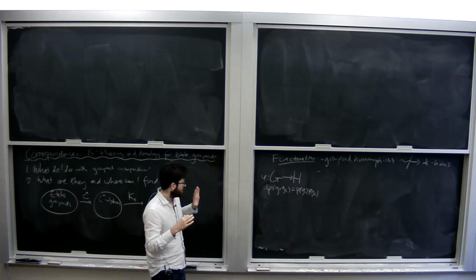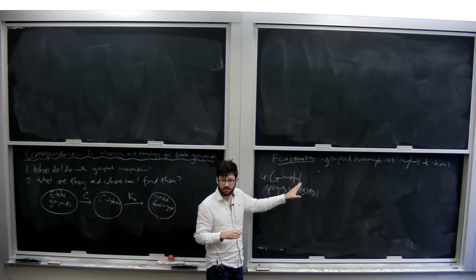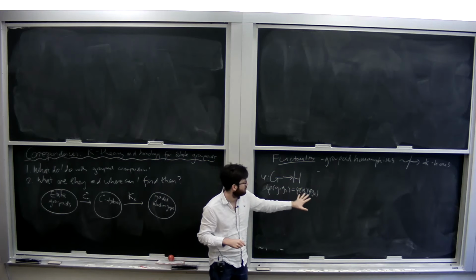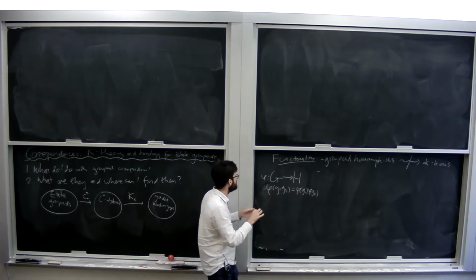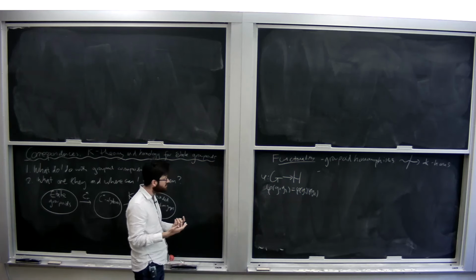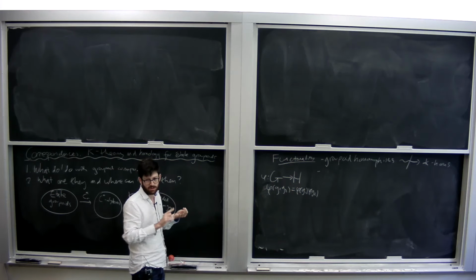And you need to ask for units to be sent to units in a way that makes sense. But this is the kind of map I'm talking about. So really think like a group homomorphism, a structure preserving map. Groupoids have structure and you want to preserve that structure.